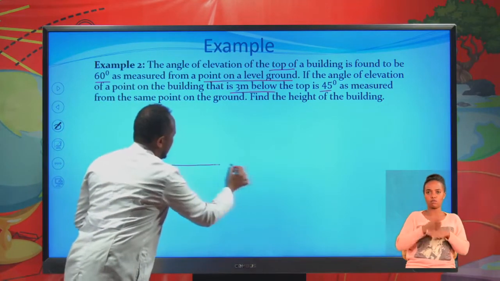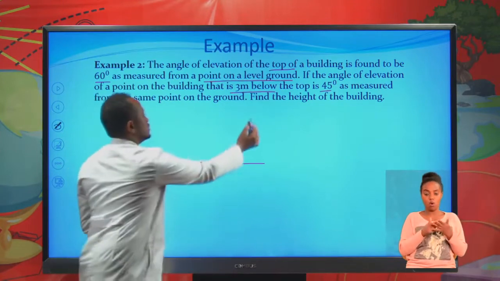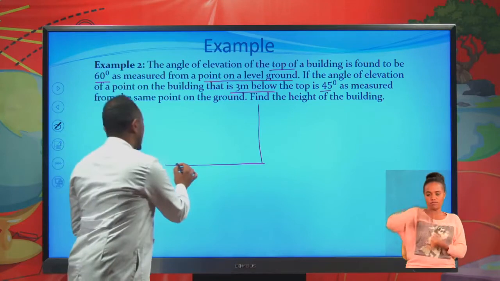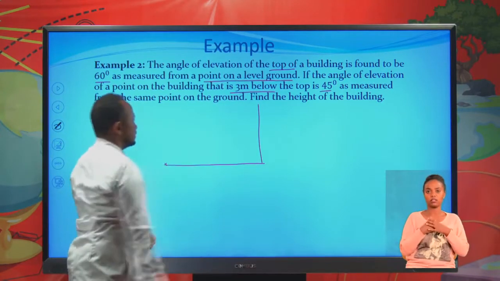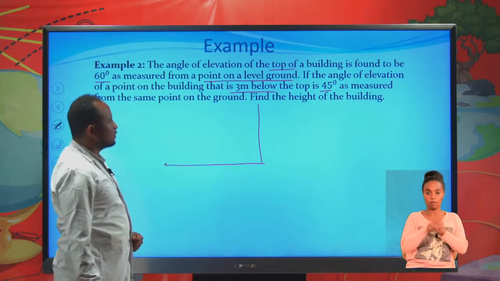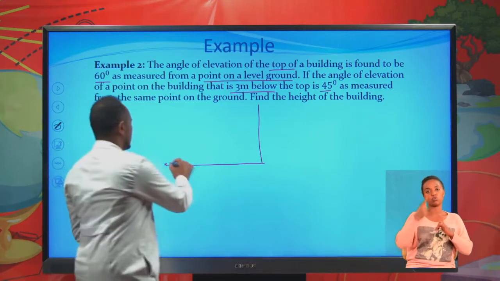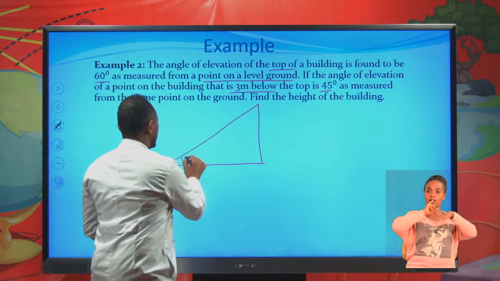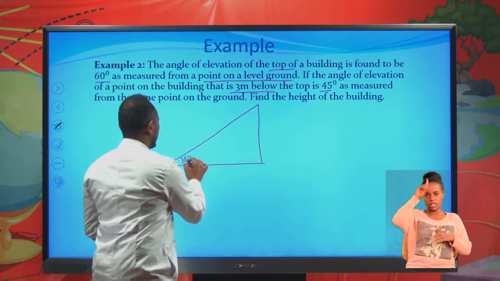this is the level ground. Assume this is the height of the building. So from this point, the angle of elevation to the top of the building is 60 degree, is given.